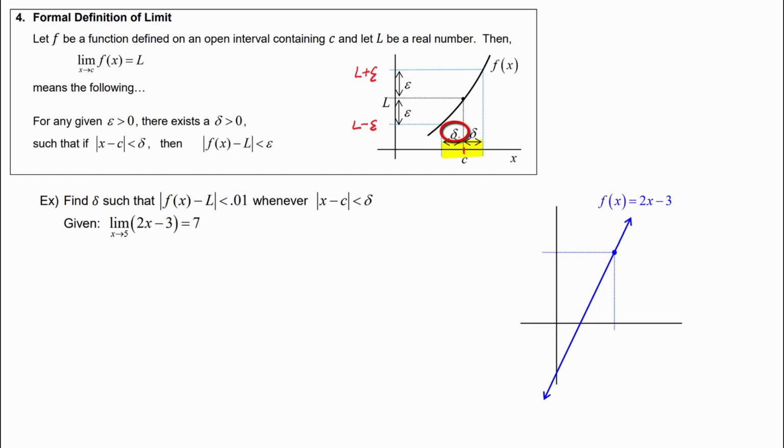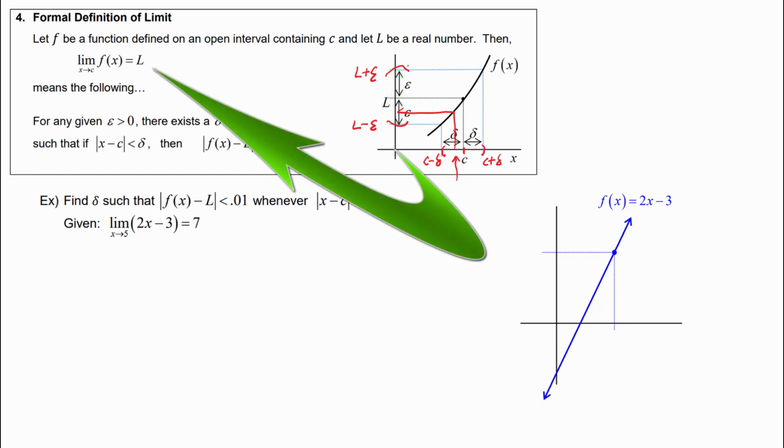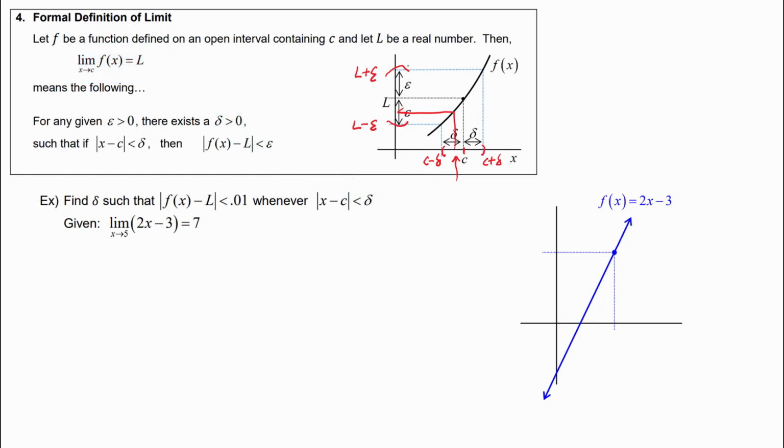Can you find the distance delta so that this is c minus delta and this point is c plus delta, so that whenever your choice of x is in that interval, its function value would be inside the interval L minus epsilon to L plus epsilon? If you could do that for every epsilon, the limit as x approaches c of f of x equals L. That's what this definition is saying.